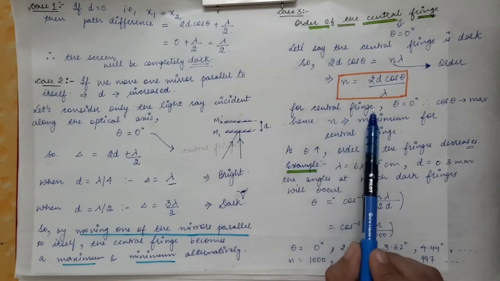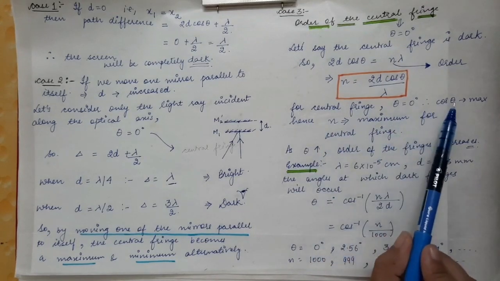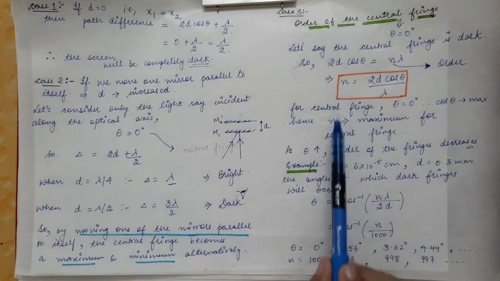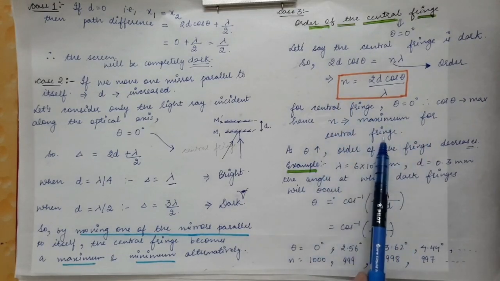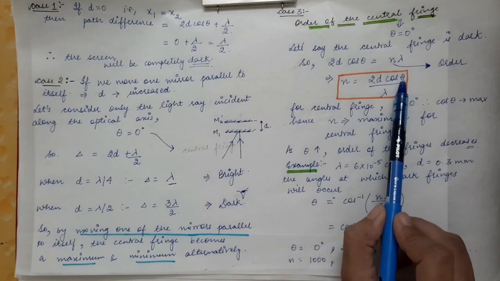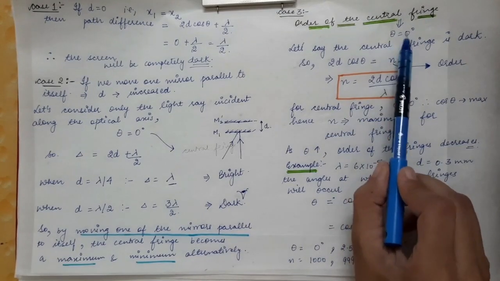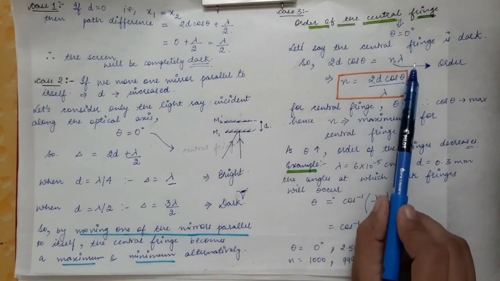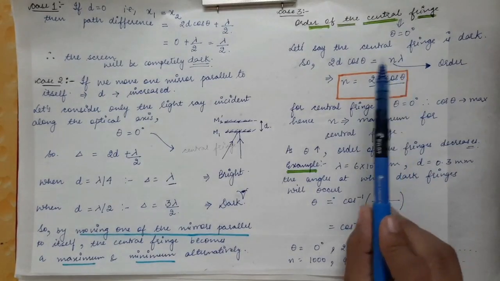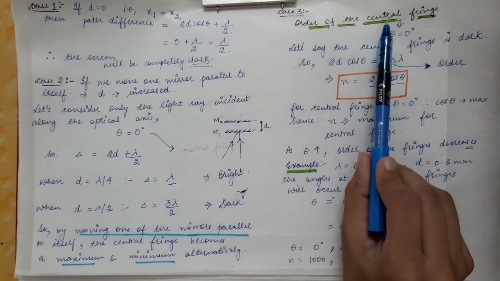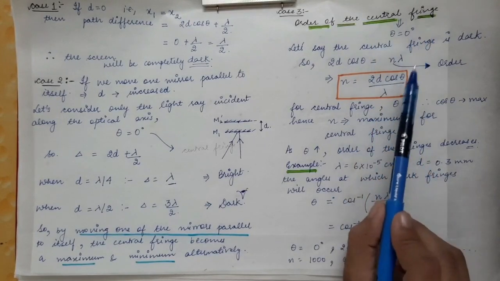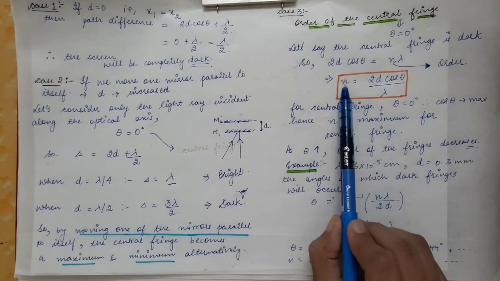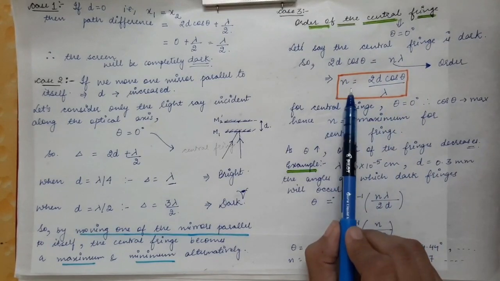For the central fringe theta is equal to 0, therefore cos theta will be maximum in this formula. Hence n will be maximum for the central fringe. As you increase theta, you are talking about other fringes than the central fringe, cos theta will decrease, and hence the order will start decreasing.